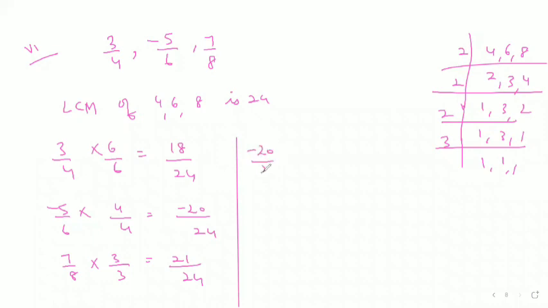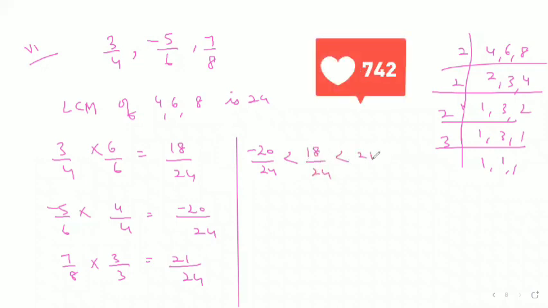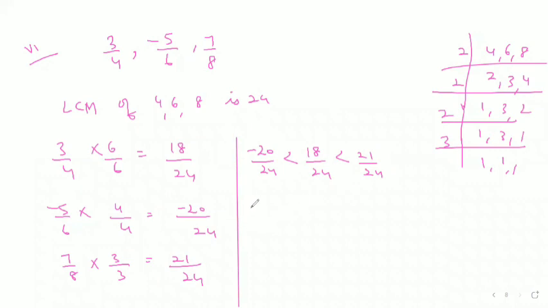Minus 20 by 24 is smallest, and 18 by 24 is bigger, and 21 by 24 is the biggest number in terms of ascending order. So minus 5 by 6, 3 by 4, and 7 by 8. So it was all about question number 7 of exercise 4.1, class 7, publication house Goyal Brothers.